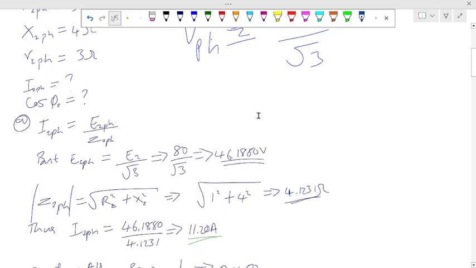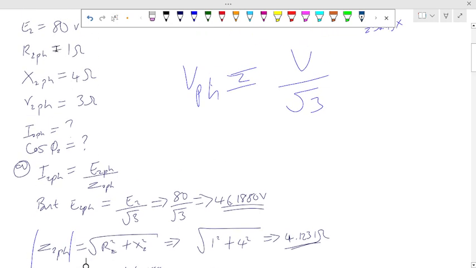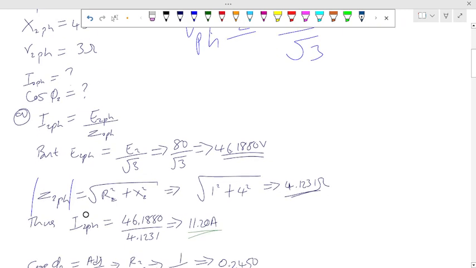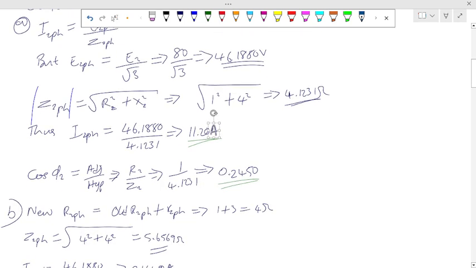Now R is 1 and X is 4. So you just substitute that in and you get your impedance. Thus we now substitute in the values: E we bring here, Z we bring here, and then you get your rotor current per phase.